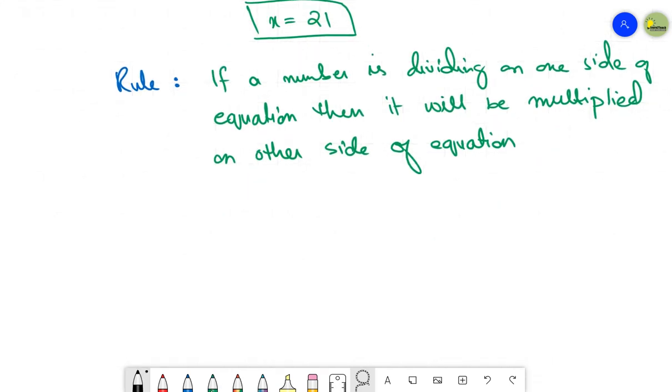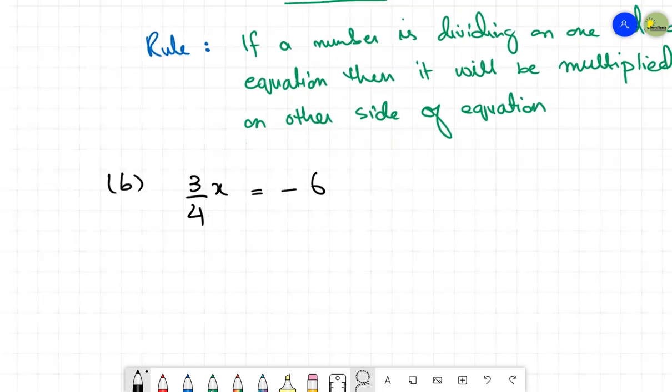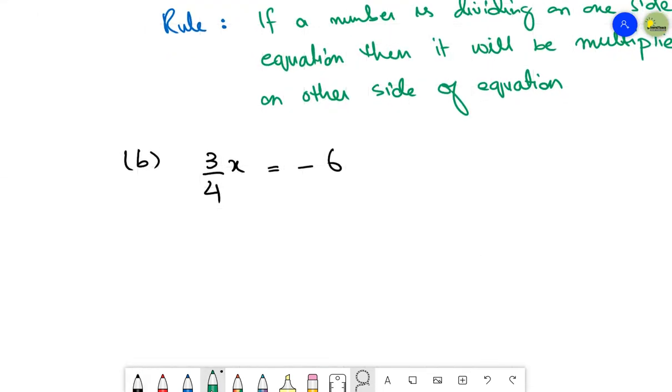Now moving towards part B. In part B, you are given 3 upon 4x equals minus 6. Now again, what is to be done over here? 3 is multiplying with x. When you shift it to the other side, it will be divided.